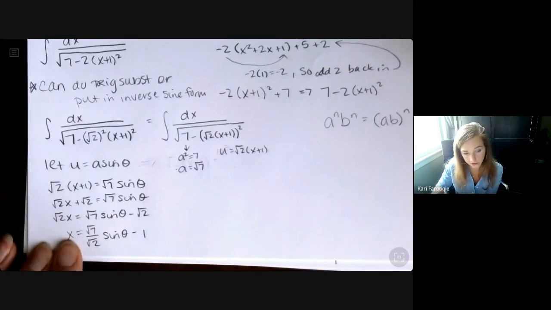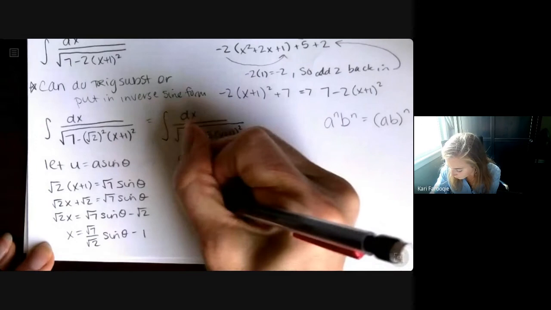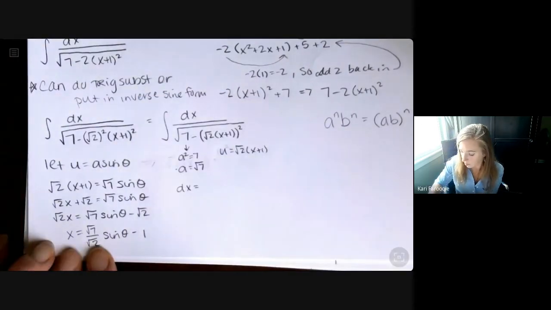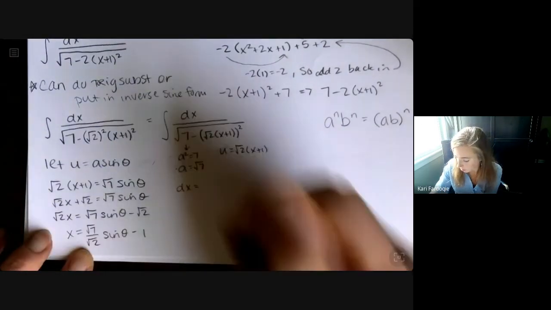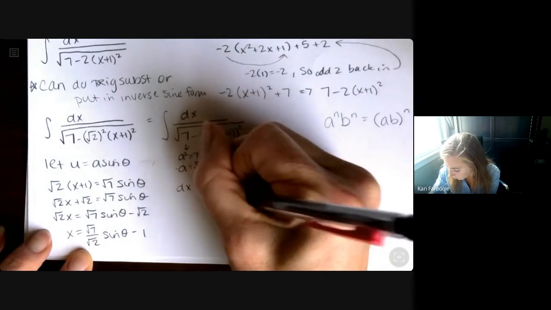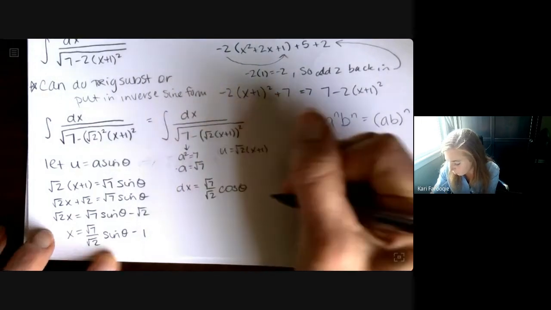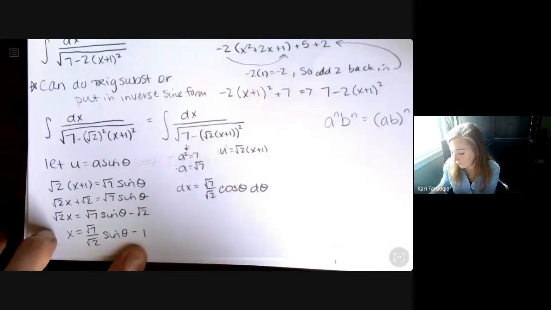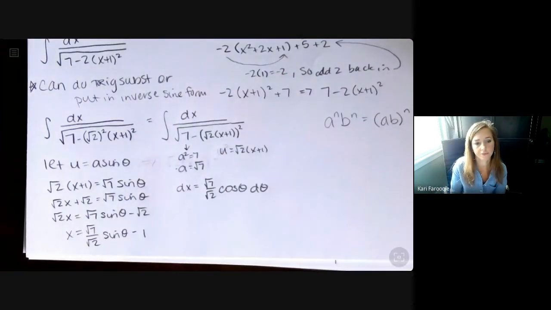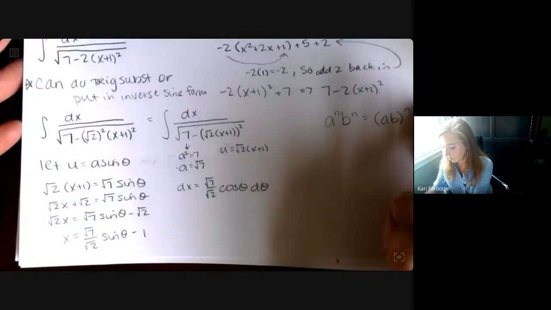We are going to need the dx. So the derivative of sine theta is cosine theta. The constant multiple gets tagged along. The derivative of 1 is 0. Don't forget your d theta. And then this one is on its way to being done.